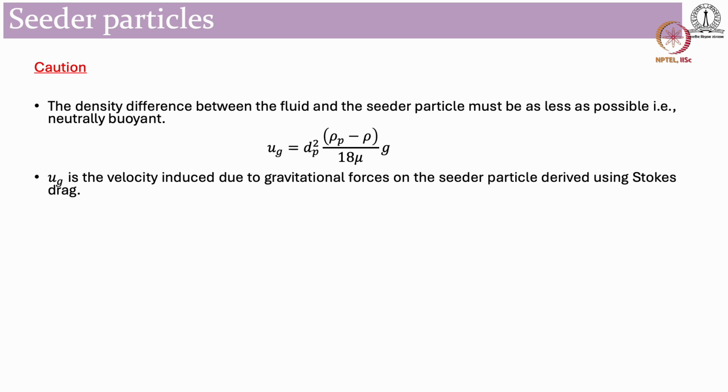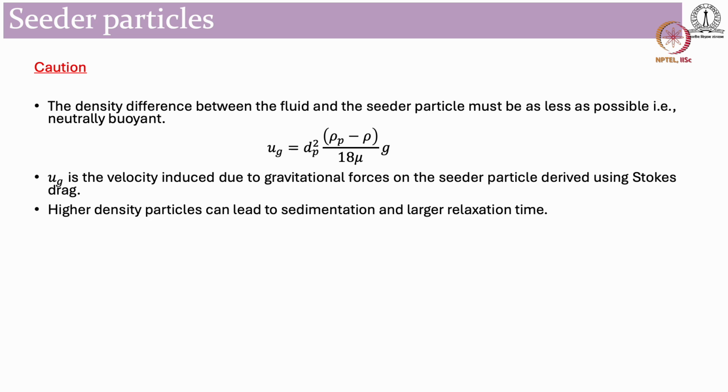So if you minimize this density difference, you can get a very low value of U_G, and this should be your aim before starting the experiment. Another thing is that higher density would definitely lead to sedimentation, which we were talking about, and the relaxation time will also increase, so we don't want that to happen.